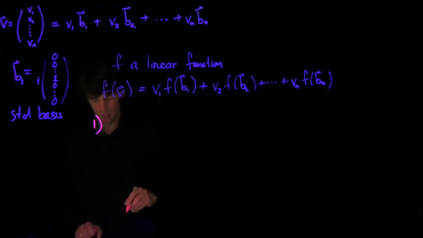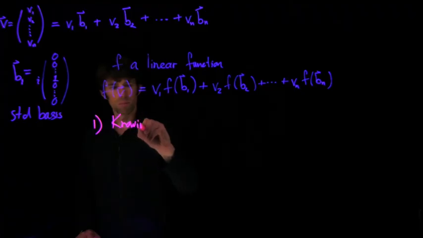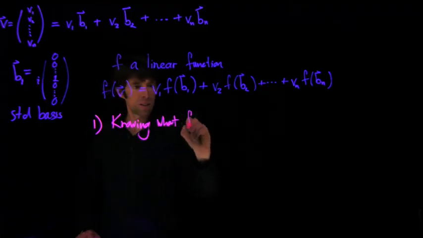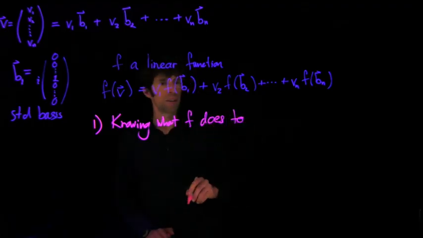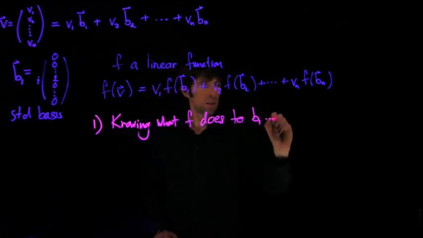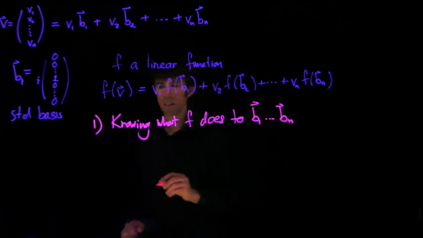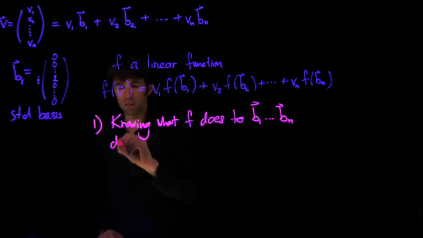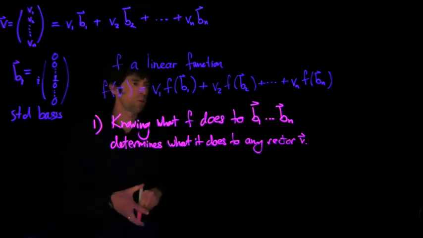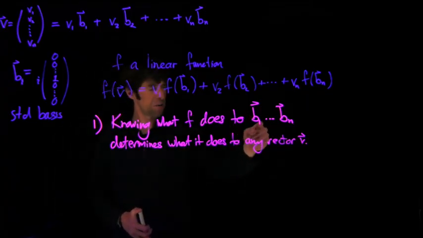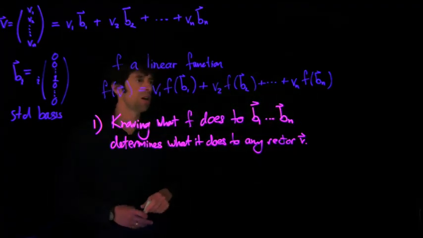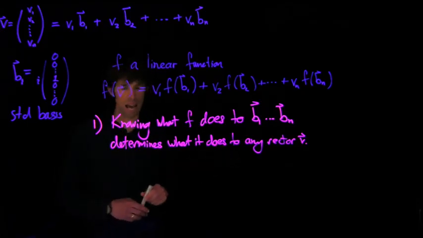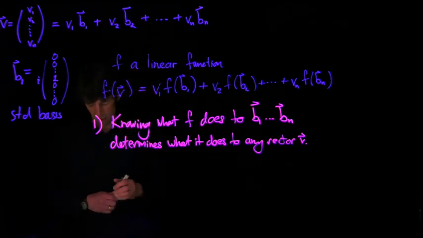First observation is knowing what a linear function f does to these standard basis vectors determines completely what it does to any vector. So all I need to do is compute f of b1, f of b2, and so on. I get a list of n outputs from this function. And from that list, I can then immediately, using this formula, tell you what this linear function does to any vector v at all. So that's a very useful fact.